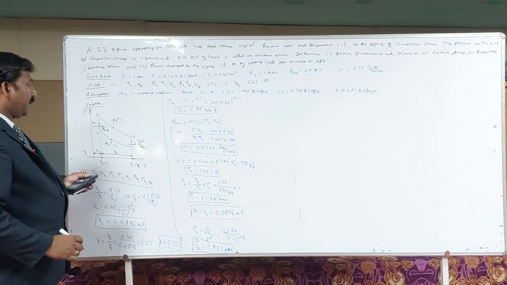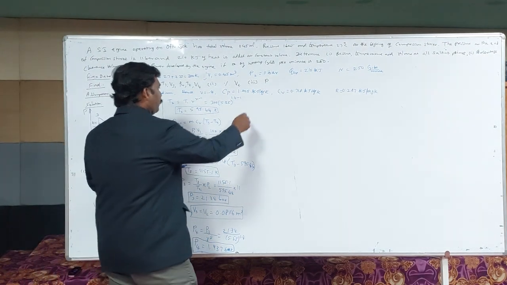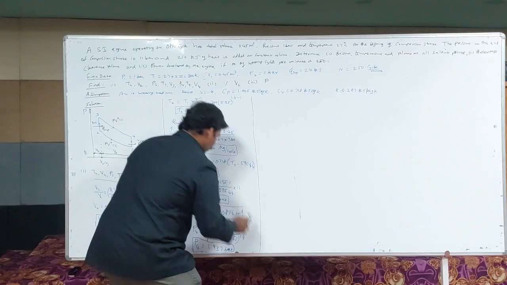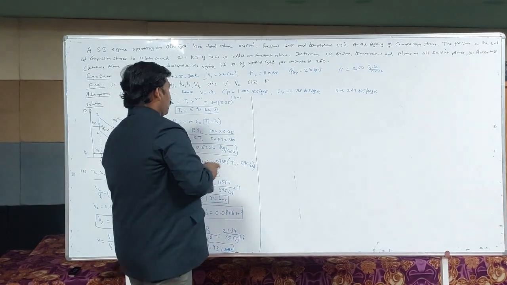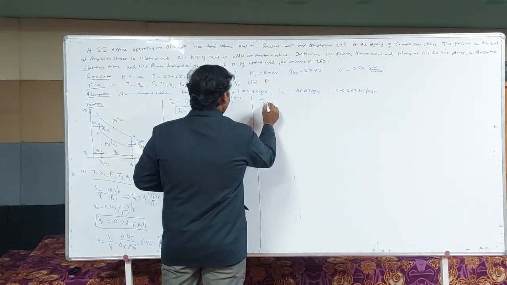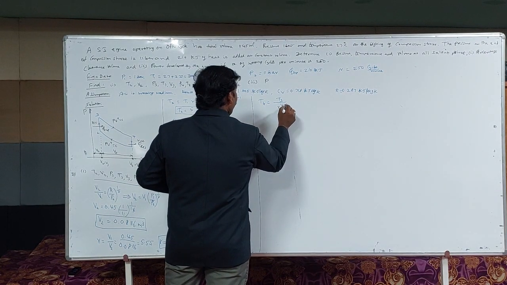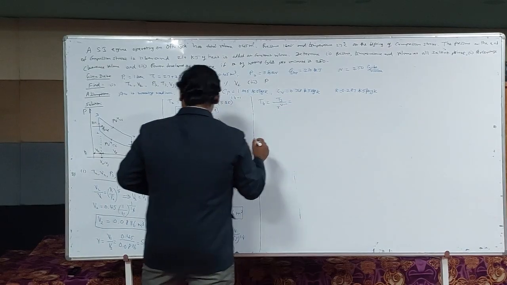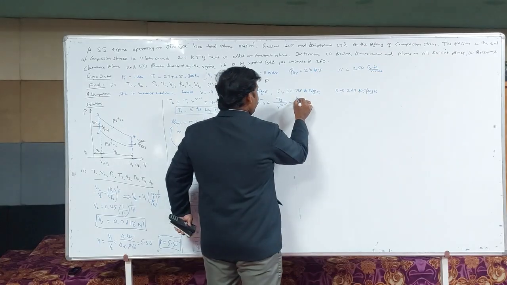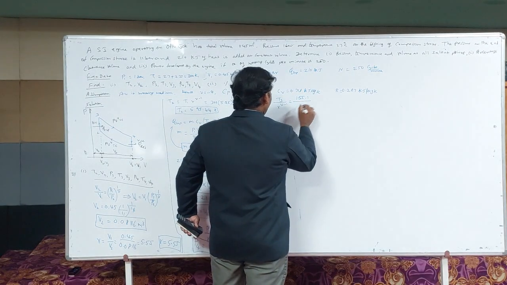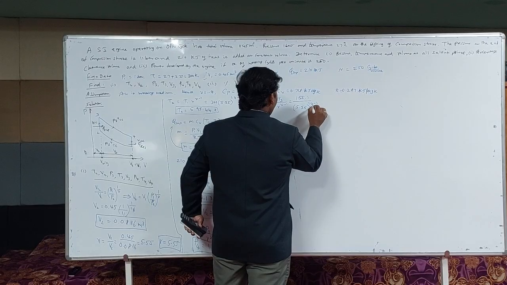Then we have to find out T4 and V4. T4 is equal to T3 by r power gamma minus 1. T3 we have found out as 1155.1. So 1155.1 divided by 5.55 power 1.4 minus 1.